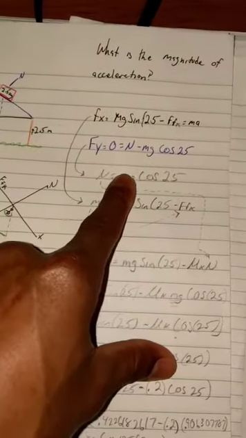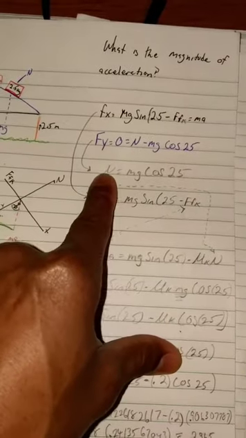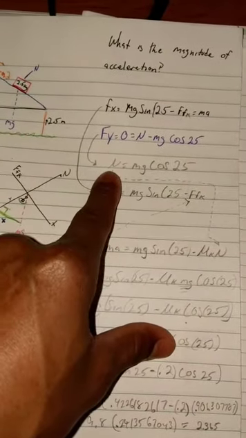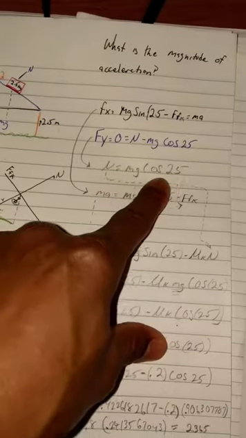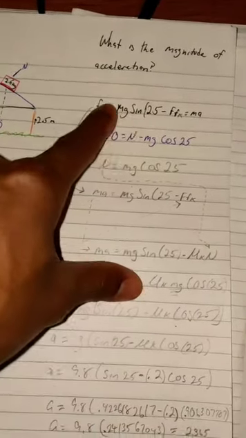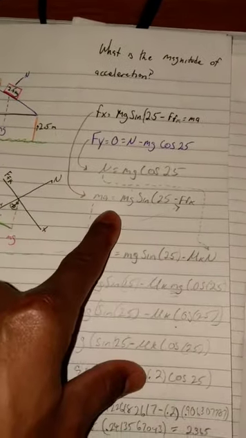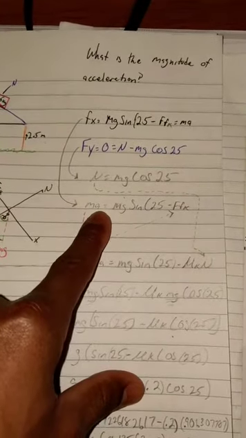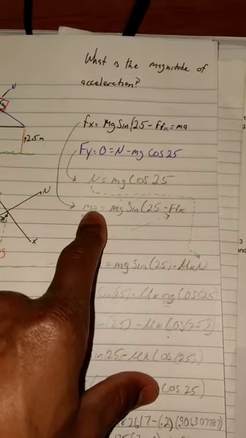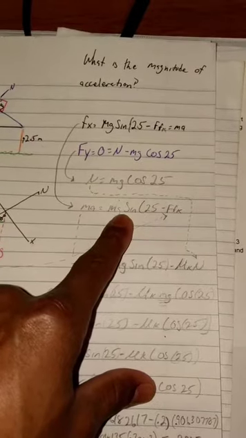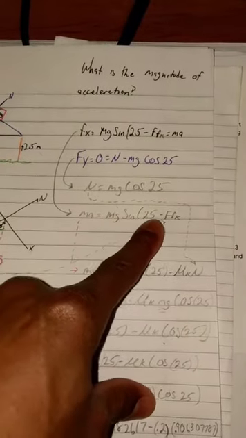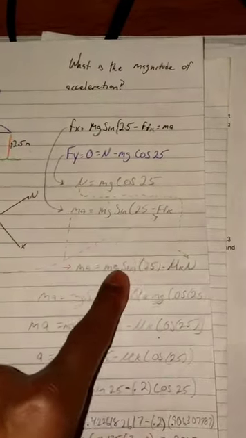So I can rearrange this and solve for n like I did right here. And I basically just bring this down. I exclude F of x, and I'm showing mass times acceleration equals mass times gravity sine 25 minus the kinetic force of friction.